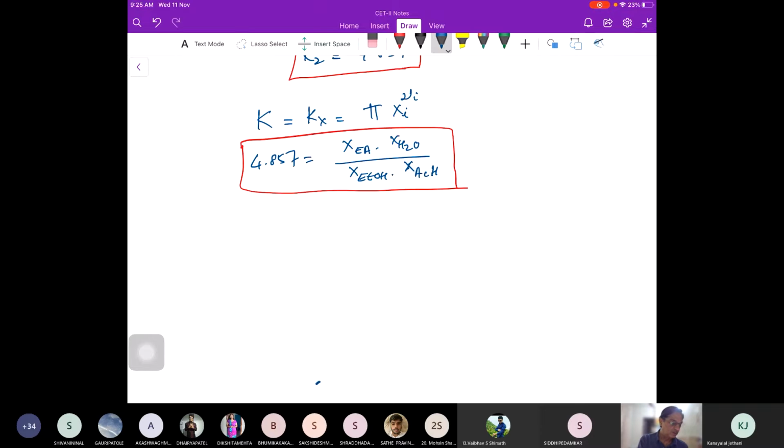So what will X of ethyl acetate be in terms of epsilon? What is the formula?